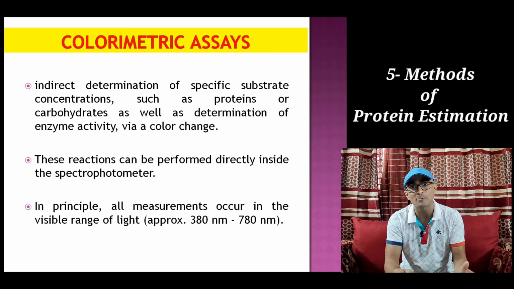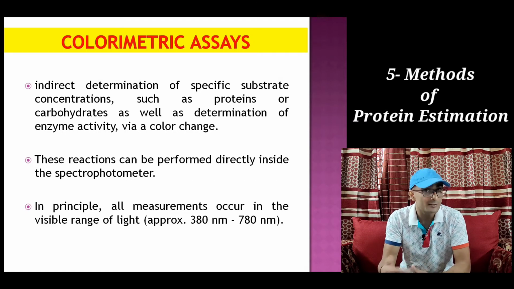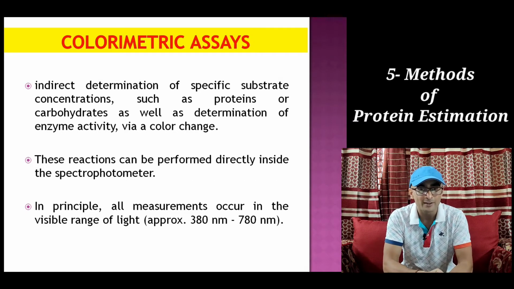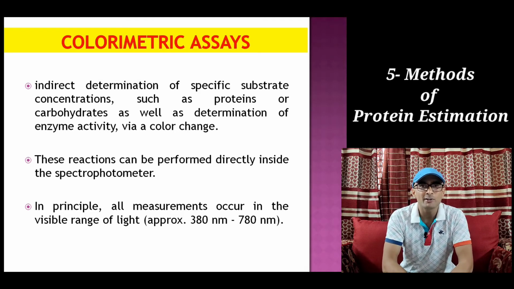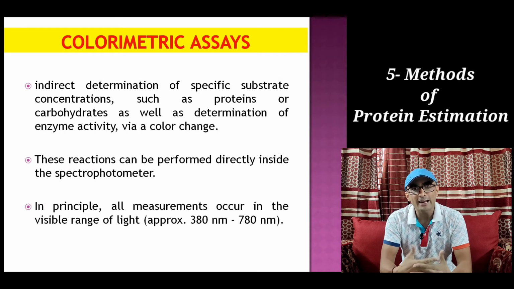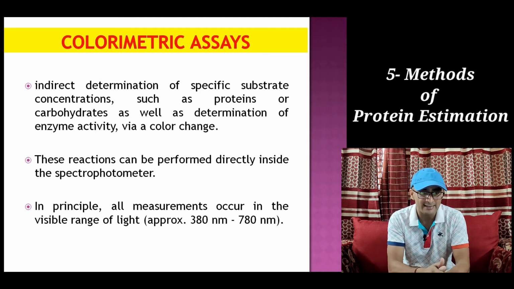So from the absorbance, the actual concentration of the sample is calculated, and these colorimetric assays are done not only for proteins but even for estimation of any other compound which can react with some other compound and give rise to some color. So that's how they can be used in colorimetric assays.